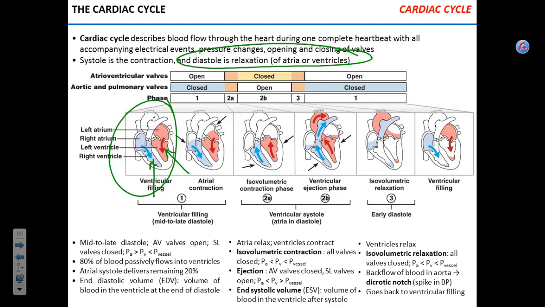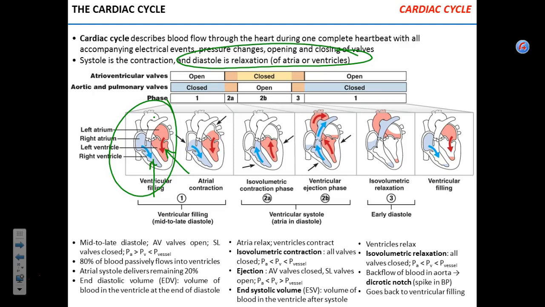No. Always think about the direction of the flow. So these valves, they direct the flow from where to where? From ventricles to the great vessels, right? So, in order for the blood to go into the great vessels, pressure should be higher in the ventricles.